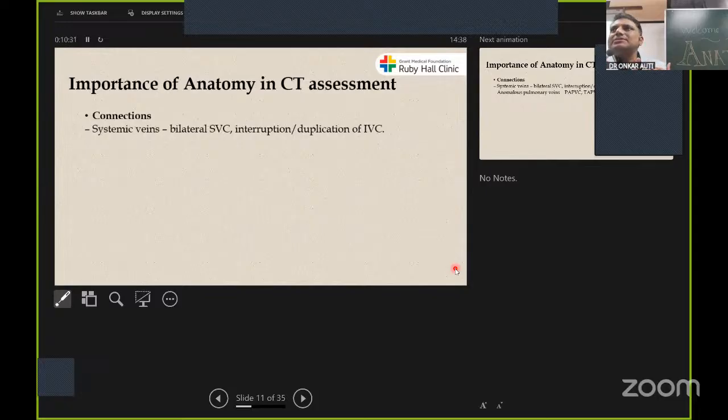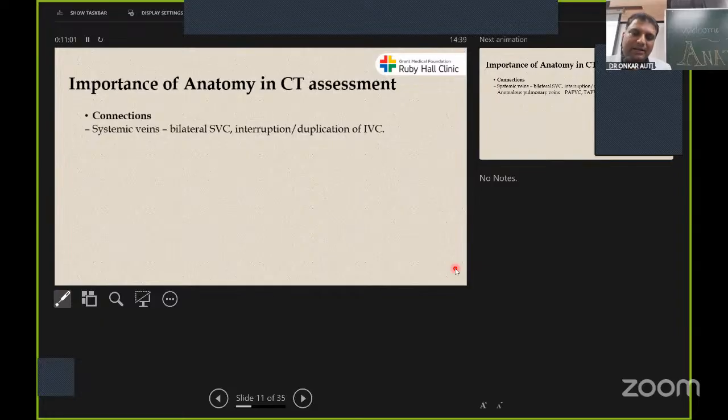One is going into the right atrium, the other is draining into the coronary sinus and going into the right atrium again. So there is no shunt, but when the patient is admitted for some other reason in the ICU and you put a central line on the left side, it will not give you accurate right atrial pressure measurements. So again, this is not a lethal anatomy, but if you find it, you need to report it so that the management of the patient will be better.